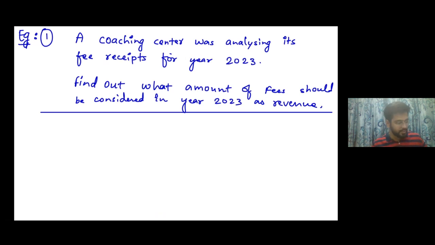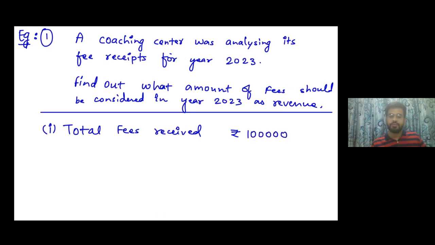Okay, what information have they given? First information: total fees received, rupees 1 lakh. That is the fees received. Now I don't know which belongs to 2023 and which does not; I need to find that out from the other information given.